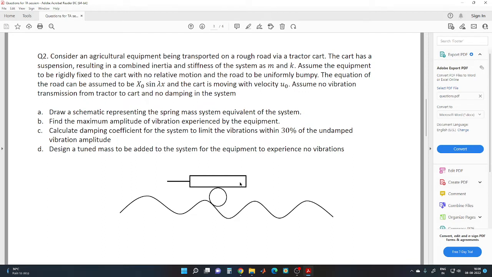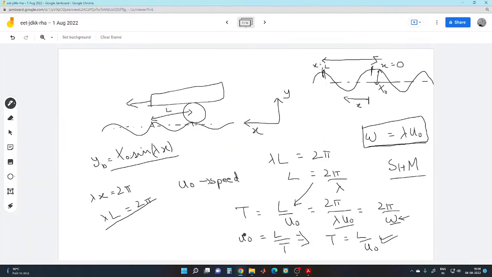The first part was to draw the schematic representation of the system and finally form the governing equations. For that, we modeled the equation of motion. We know the speed, so we can know the motion of the tire in the vertical direction, which came out to be x naught sine of omega t, where omega is lambda u naught.